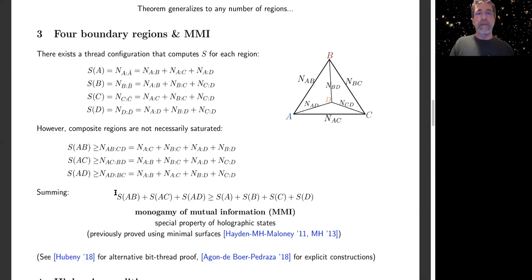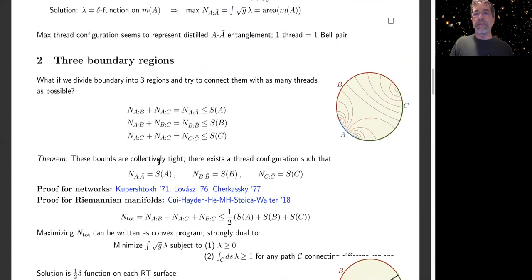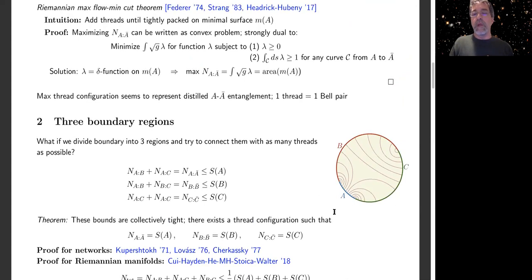The point here is that in a configuration like this one, if you insist that when you calculate S of A, all the threads leave A and enter A complement, which is the kind of language that I used in my first paper on bit threads with Mike Friedman, it's all oriented threads and it's all the number of threads leaving A. That's the language that's used there.